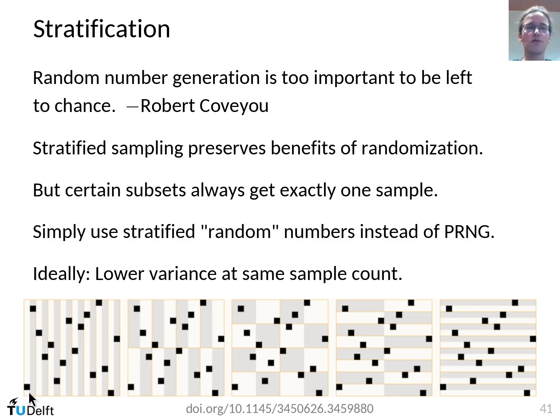Namely, they are stratified, which means that certain regions in your domain will always get exactly one sample. So in some sense, these stratified random numbers are even more uniform than independent uniform random numbers. And then ideally, simply by exchanging the pseudo-random number generator for a generator of these stratified random numbers, you will get lower variance at the same sample count.